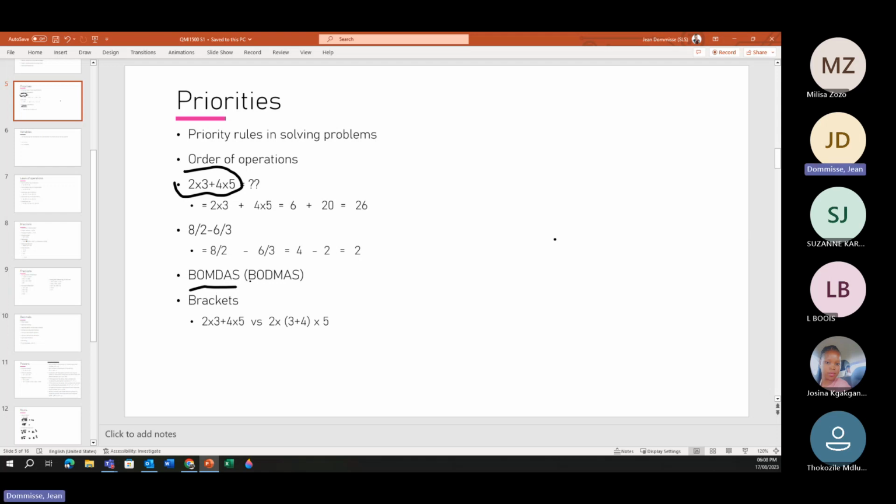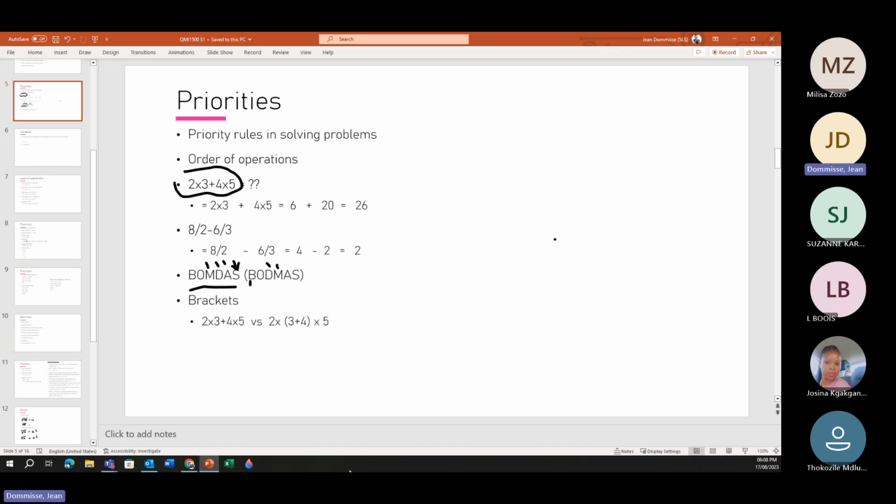So always we do brackets first. Then you look at the order. Then multiplication or division, it doesn't matter which one you do first, it will in the end come out the same. Then you add, and only lastly do you subtract.